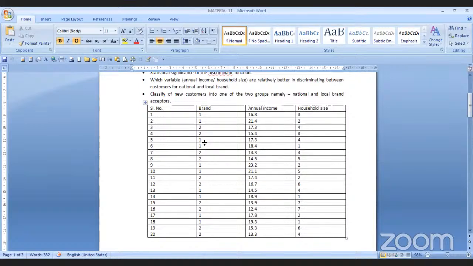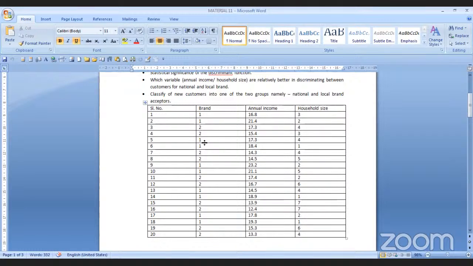According to that, you can classify that customer, and predict whether he will opt for national brand or local brand. How? From the model only. You frame the model and discriminate whether he is a national brand customer or a local brand customer.